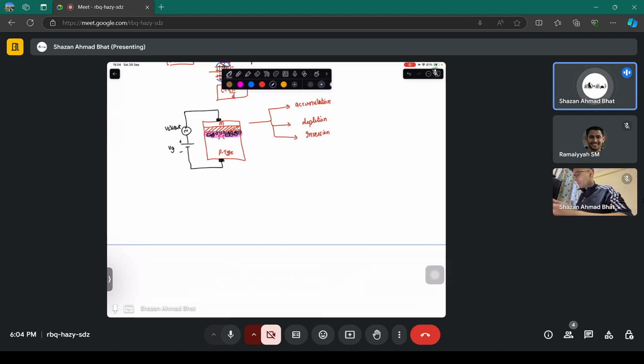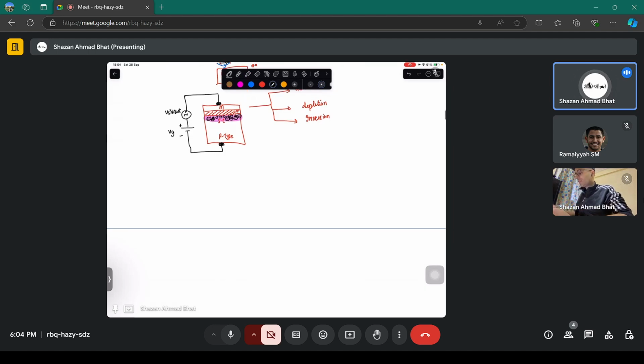Now the question in the previous lecture was: where are we going to use this channel? We have just created the channel, so what are we going to do with it? With this MOS capacitor structure, you are going to use the electrons present in this channel, whether they are electrons or holes, which we are going to see.